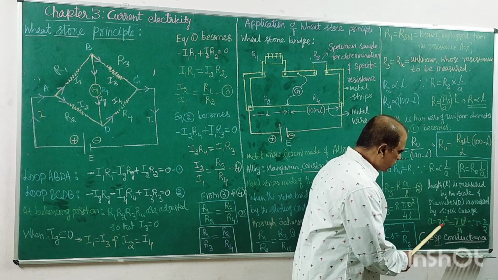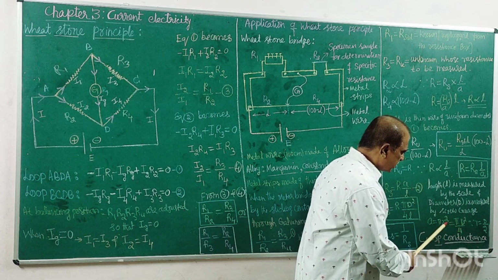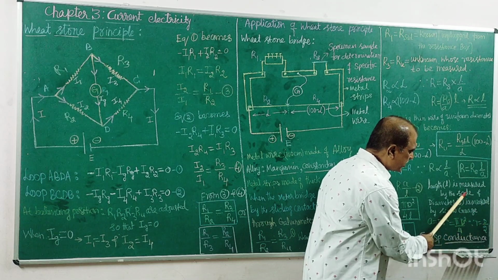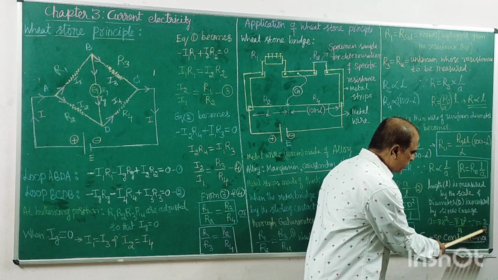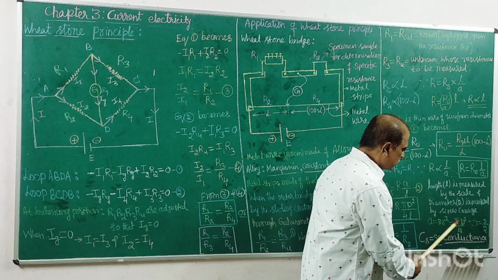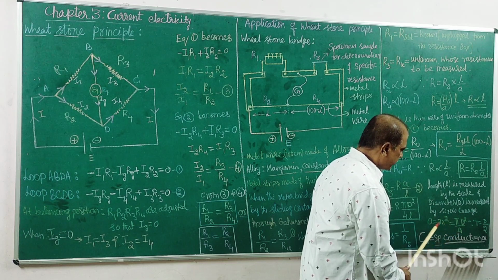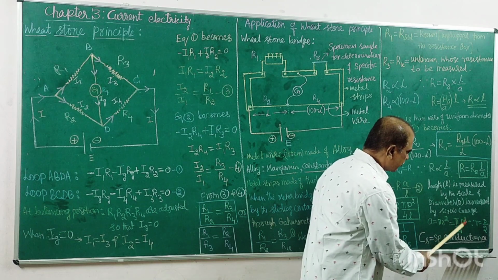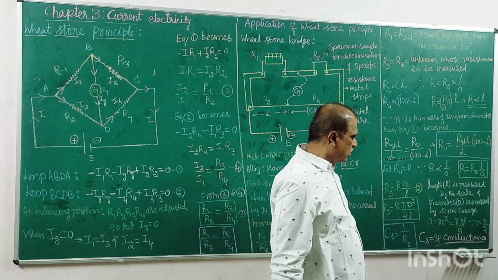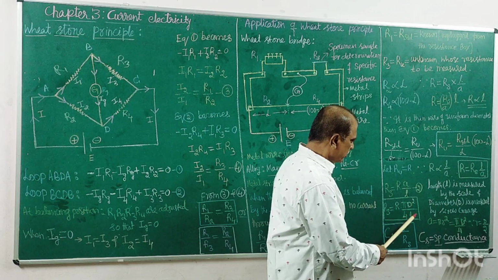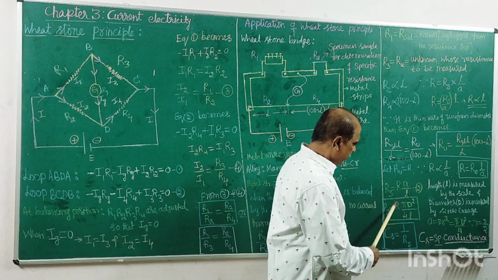Write r in terms of diameter: r is equal to D by 2, so r square is D square by 4. So the area of cross section of the conductor is pi D square by 4. So A is pi D square by 4, and Rs is R pi D square by 4 L. Look at the final equation.